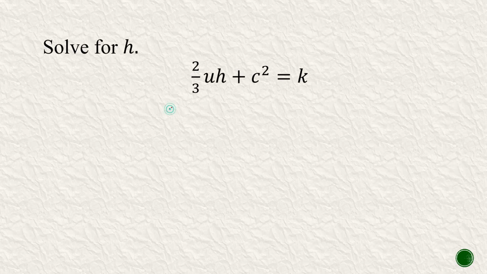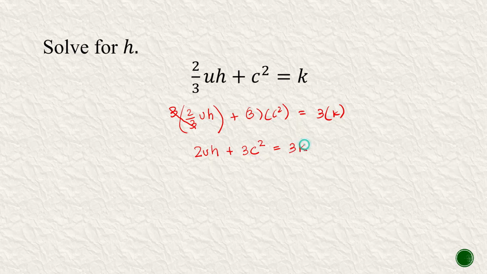So this is going to be 3 times 2/3 u h, plus 3 times c square equals 3 times k. So what's going to happen here is I just cancel this out, and then it will only give me 2u h plus 3c square equals 3k, right?